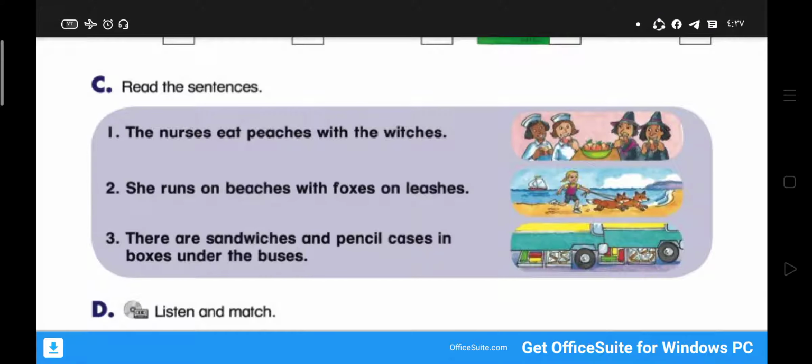Buses, the word bus ends with s, so we add es to make plural buses. Remember, we pronounce this es as iz, witches, leashes, peaches, cases, boxes, buses.